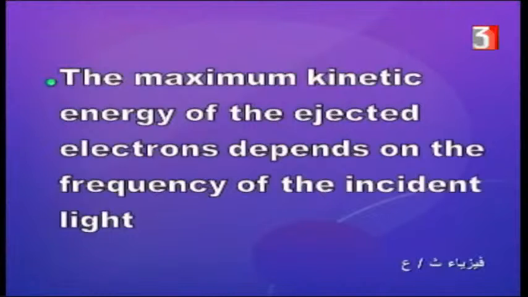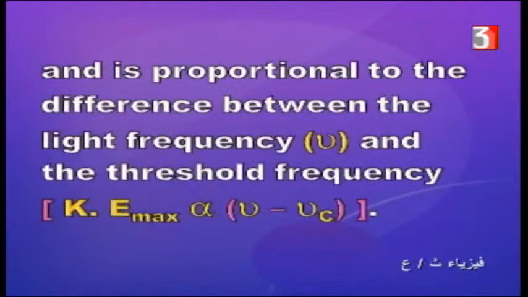As the difference increases in favor of the incident radiation, kinetic energy will increase. If it is less, it won't be able to eject electrons. So it is proportional to the difference between the incident light frequency and the threshold frequency. I'm talking about the maximum kinetic energy of the ejected electrons.